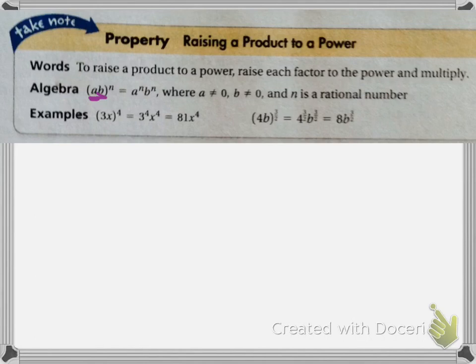So just to give you another example, let's do 3n to the negative 6 to the negative 4. So it's almost like distributing.